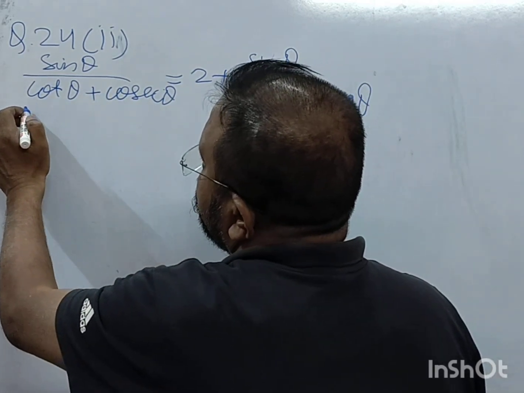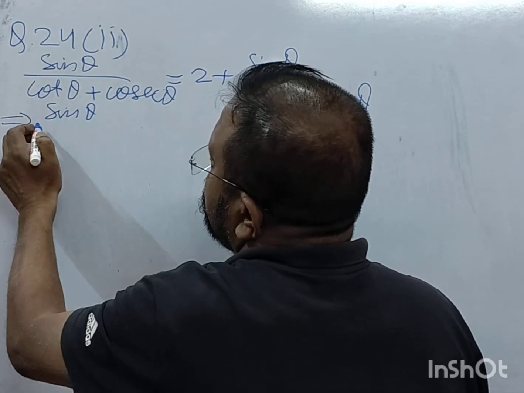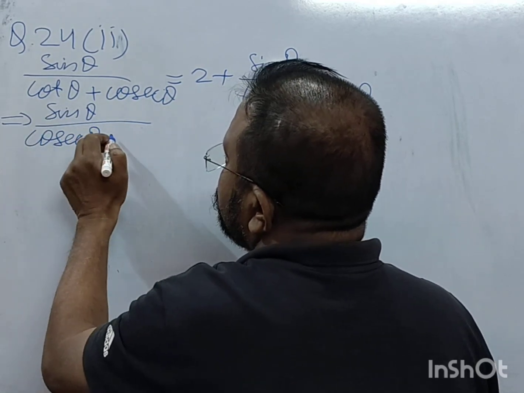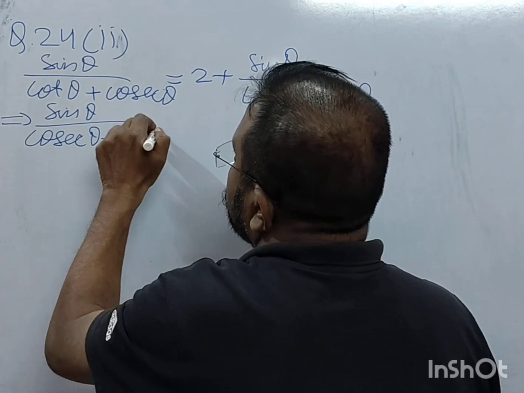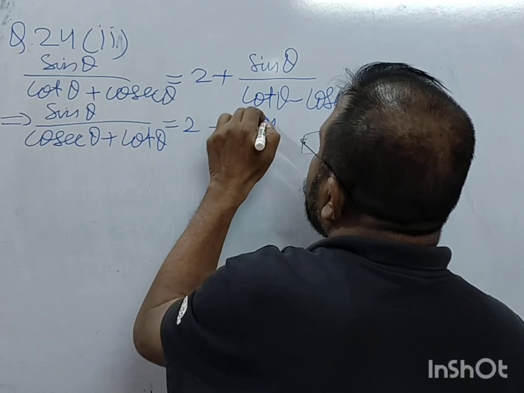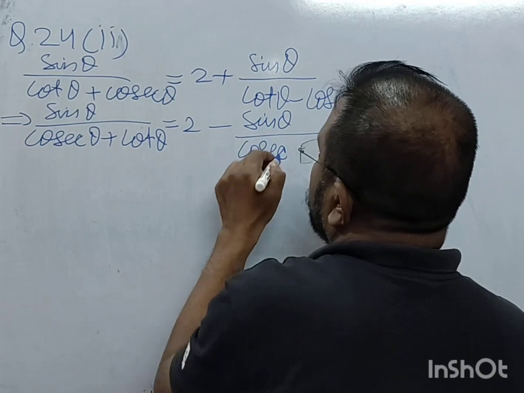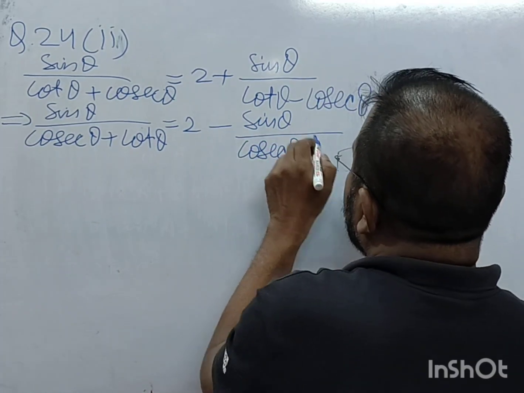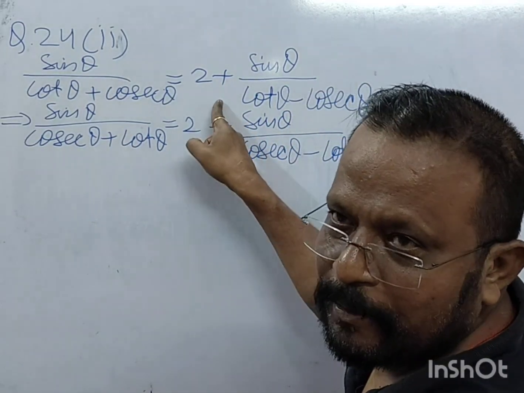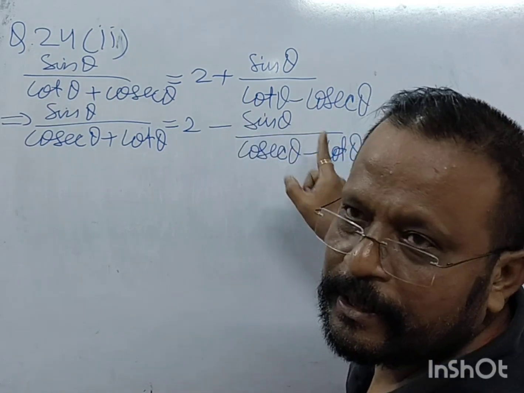Bring it on the other side. If you write it, sin theta upon cosec theta plus cot theta is equal to 2 minus sin theta bracket cosec theta minus cot theta. I did a little bit short. I take minus common from here, so cosec theta turns to be plus and cot theta turns to be minus.